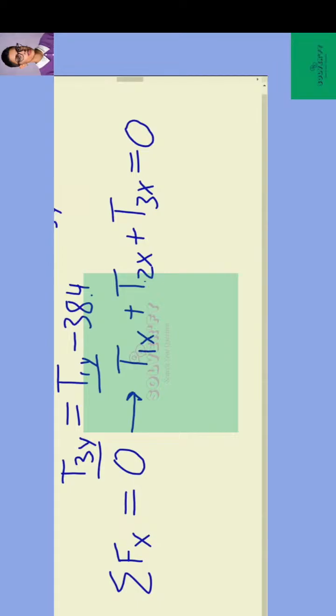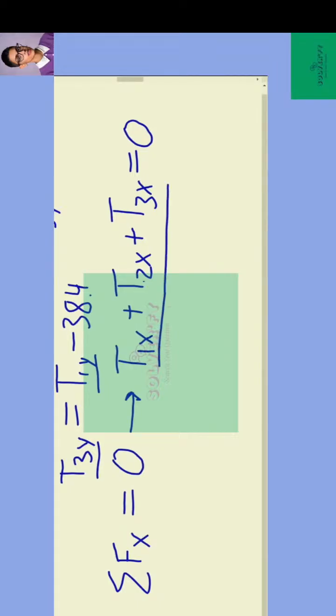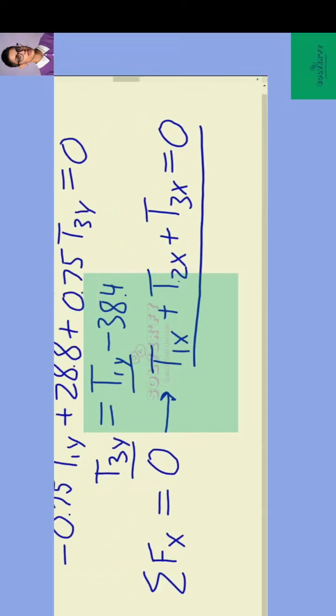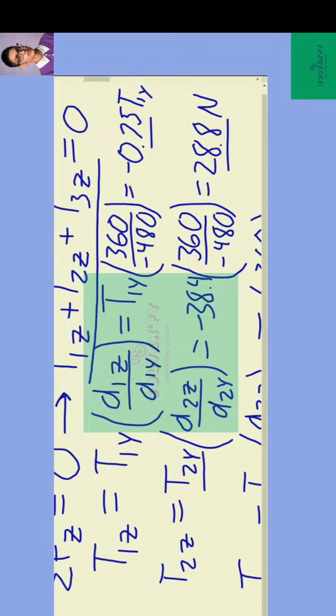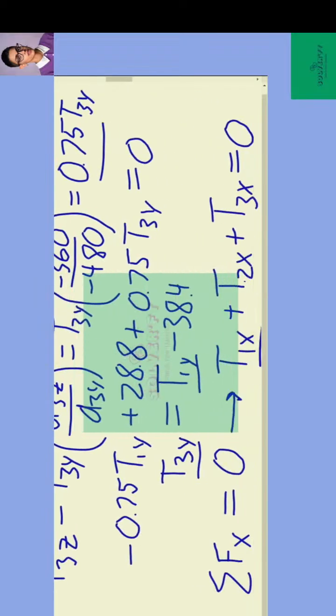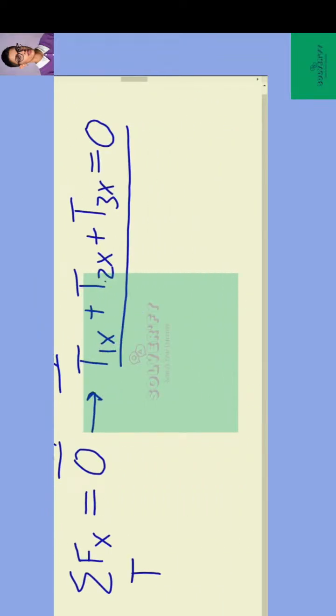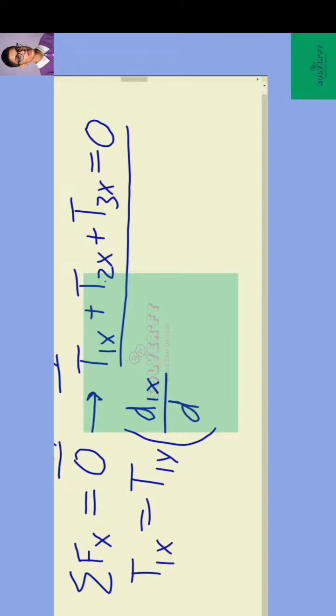Now, I'm going to do something very similar to what I did earlier with this equation, where I want to put this one in terms of its y components rather than its x components. We can do that in a very similar way to how we did it last time. In order to get the x component of the tension from our y component, we multiply it by a ratio of its x dimension of the cable over the y dimension of the cable.